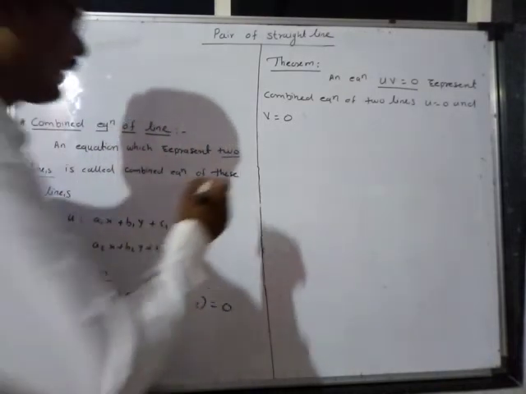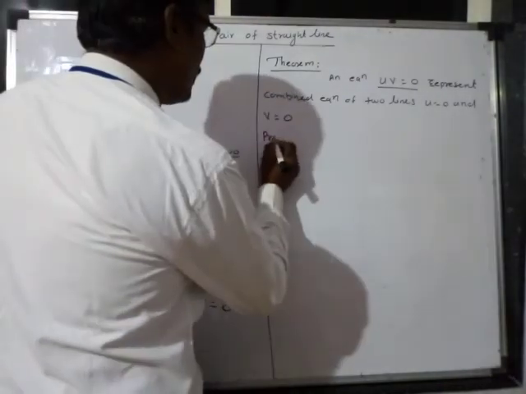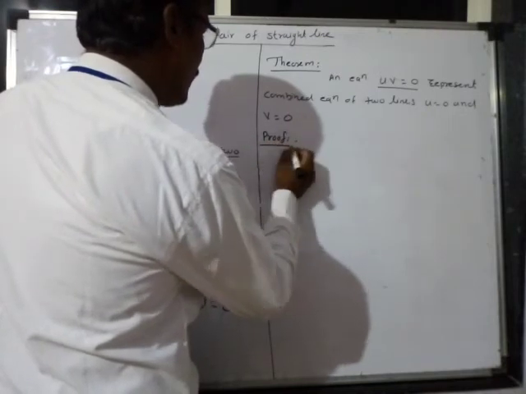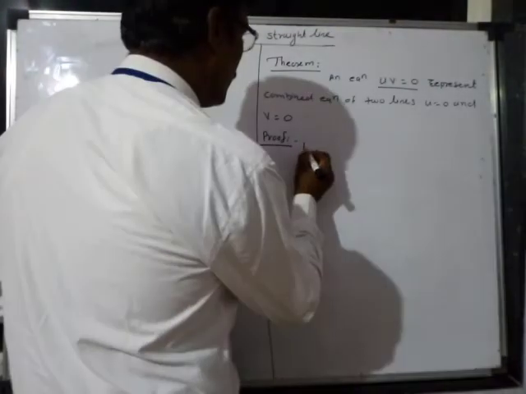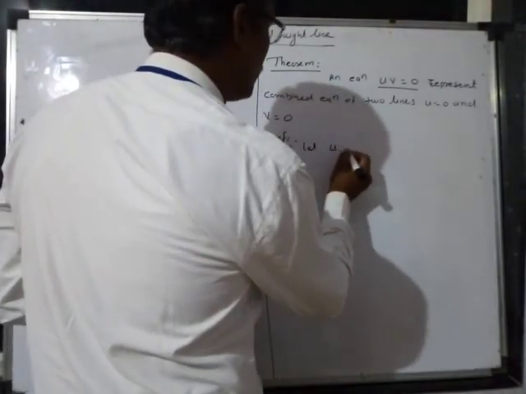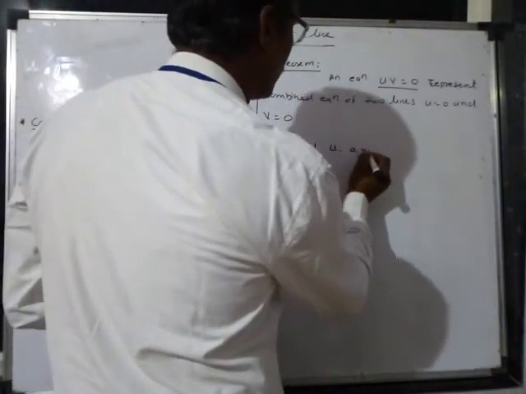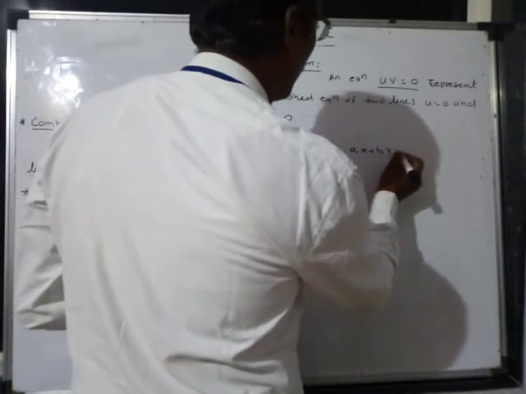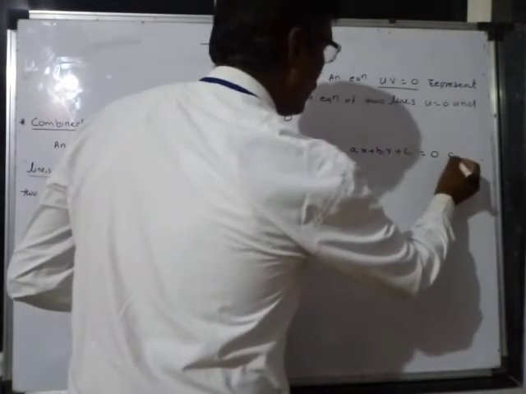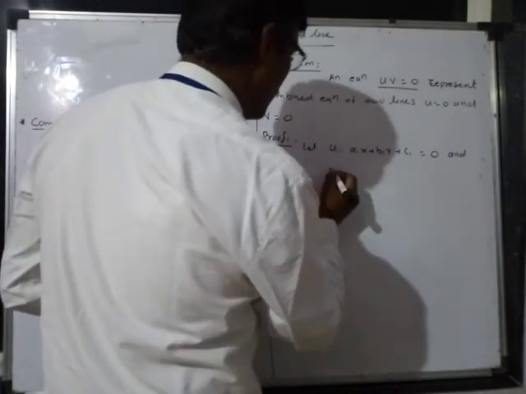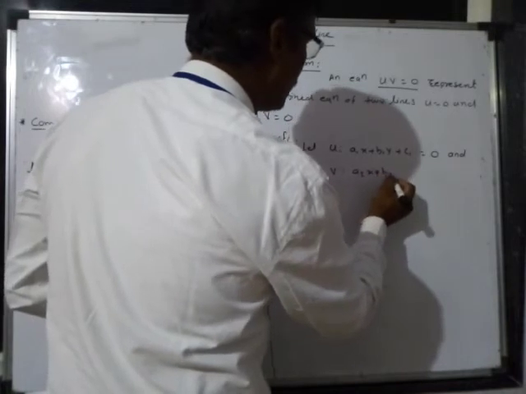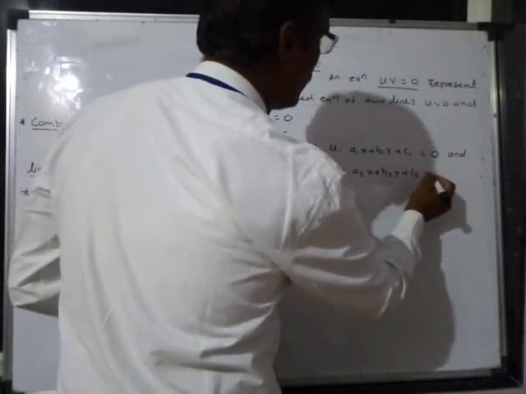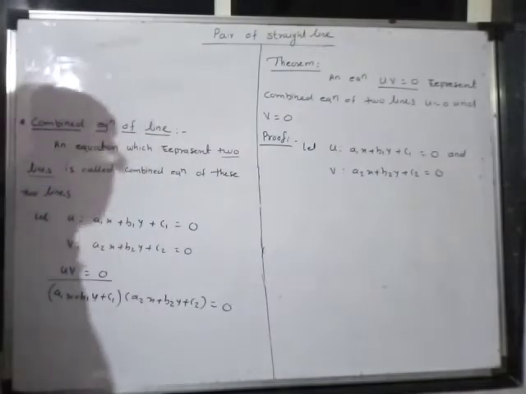मग प्रूफ मध्ये, ओके, प्रूफ मध्ये let u be the line a1x plus b1y plus c1 is equal to 0 and v be the line a2x plus b2y plus c2 is equal to 0.